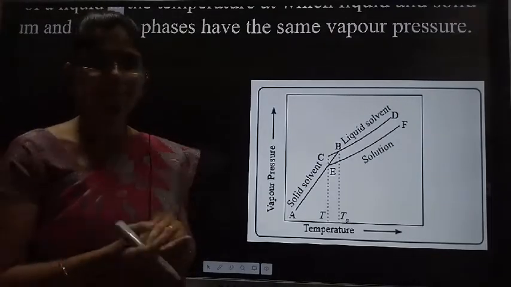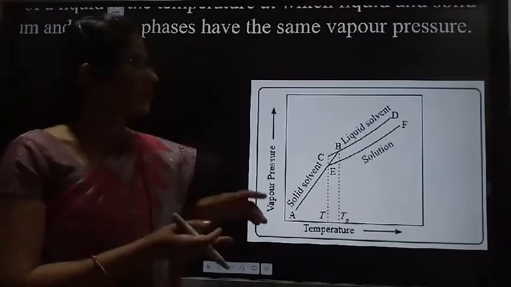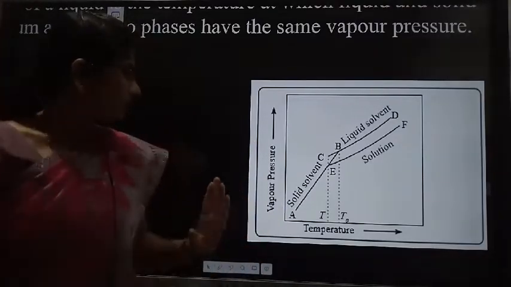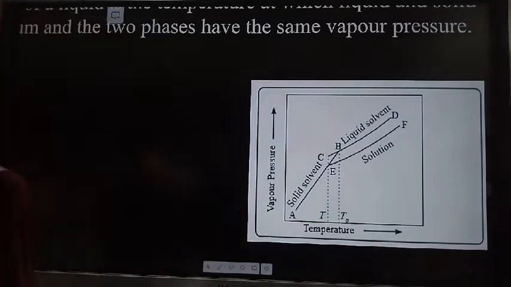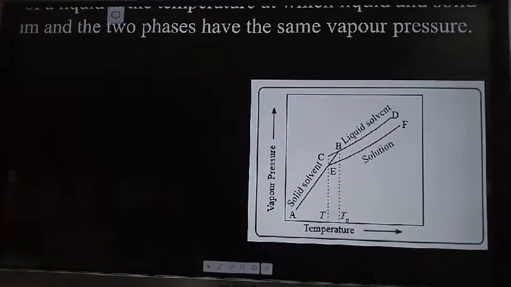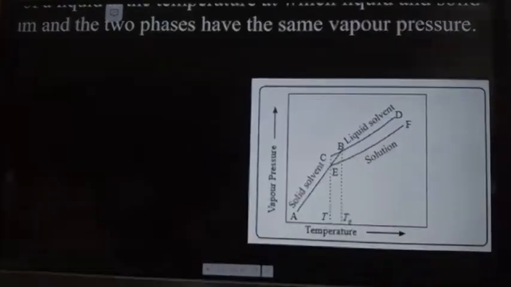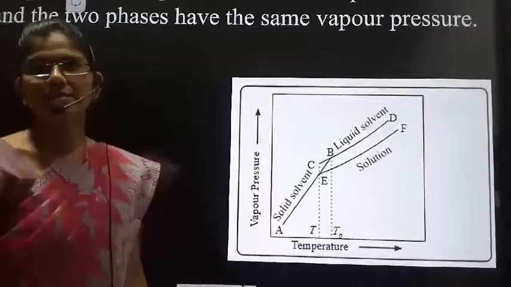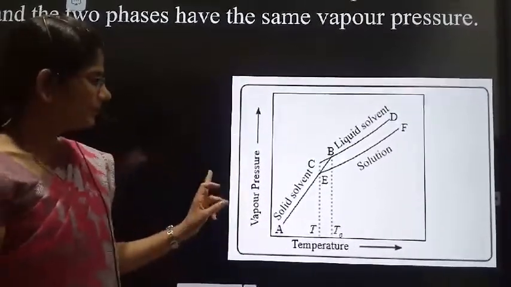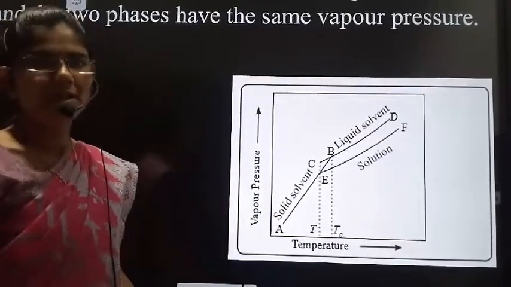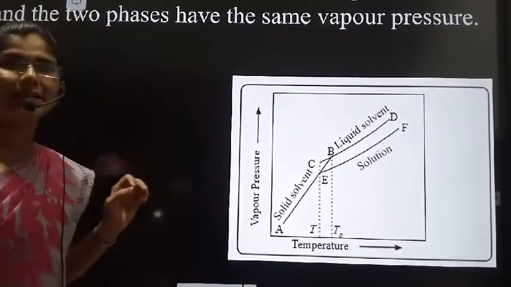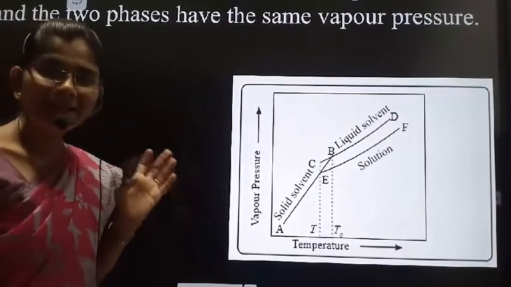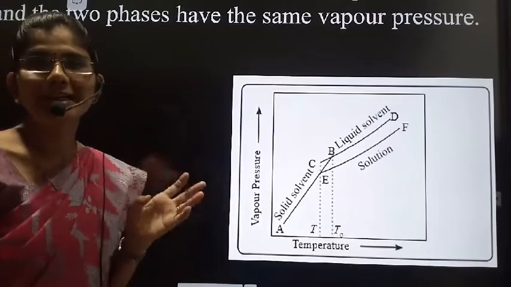The boiling point depends on the vapor pressure, and the freezing point also depends on the vapor pressure. The same graph we have seen in elevation in boiling point, in which delta TB is directly proportional to delta P.